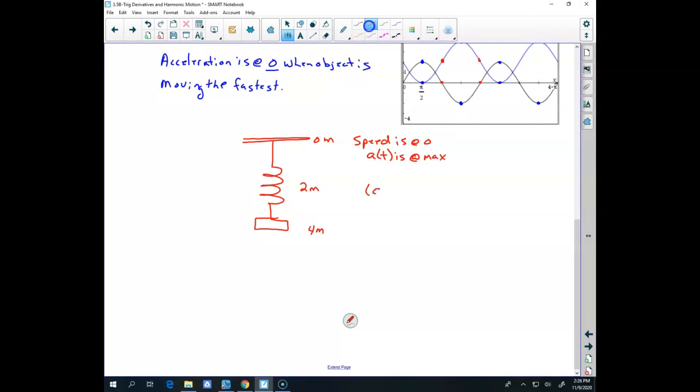And here my A of t equals 0, and I know my speed is at max. And here my speed is 0, and acceleration is at minimum.